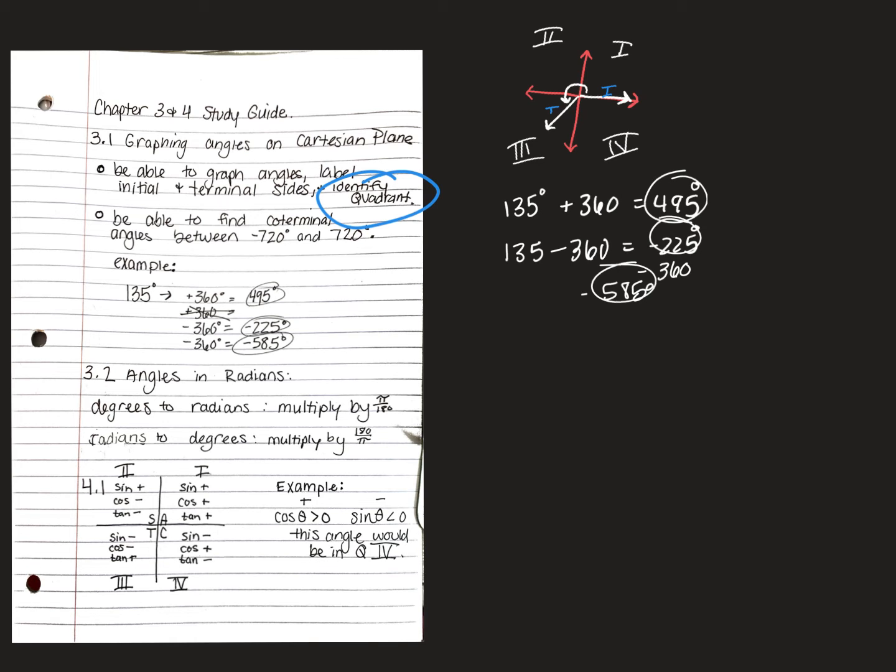Alright, so in 3.2, we just converted from degrees to radians and radians to degrees. Just some quick examples. So let's say we have 150 degrees. If I wanted that in radians, I would multiply by pi over 180.